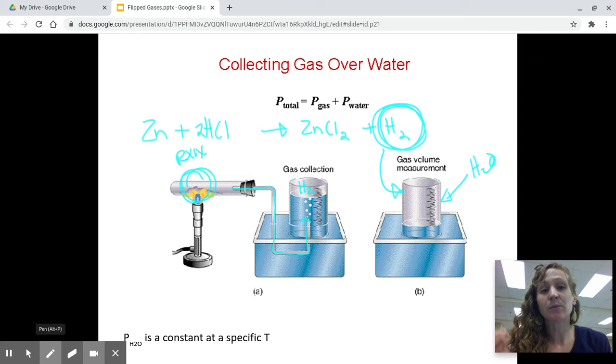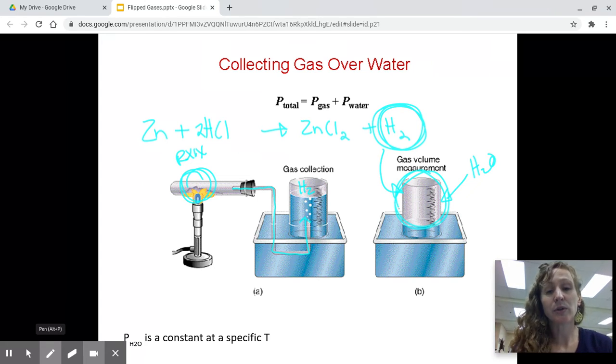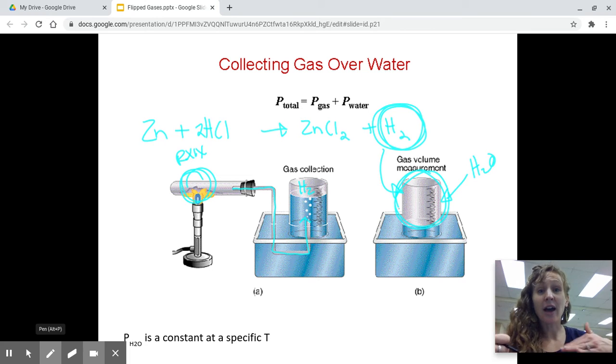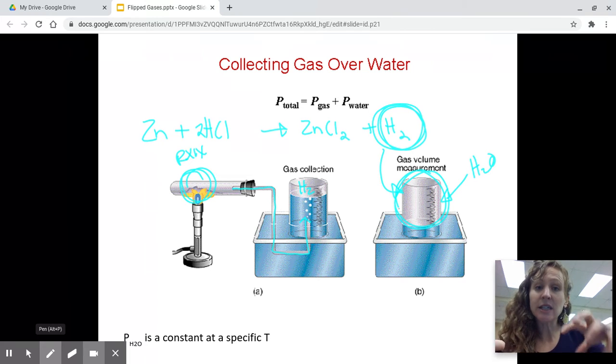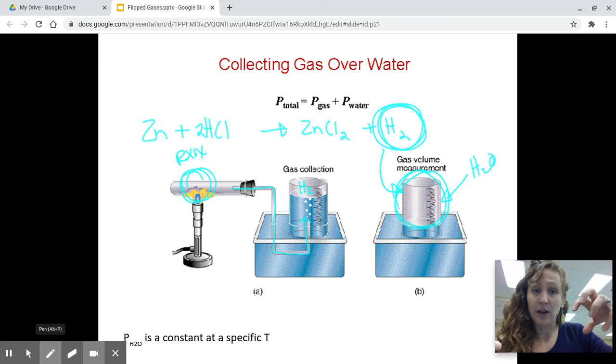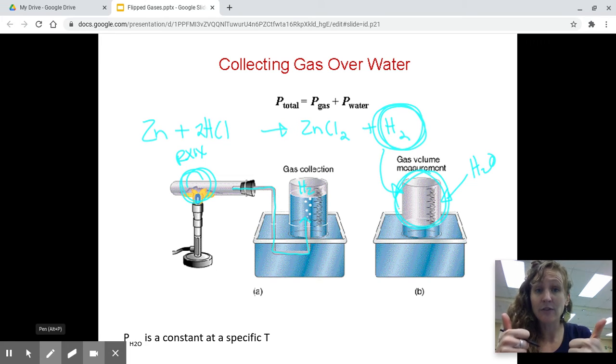We don't even need to produce it in our reaction. It's just going to come out and establish a water vapor all by itself, right? So inside this container, we do have the gas we produced, hydrogen. We also have the gas that naturally is going to establish itself above in the form of vapor, which is water. We have two gases.